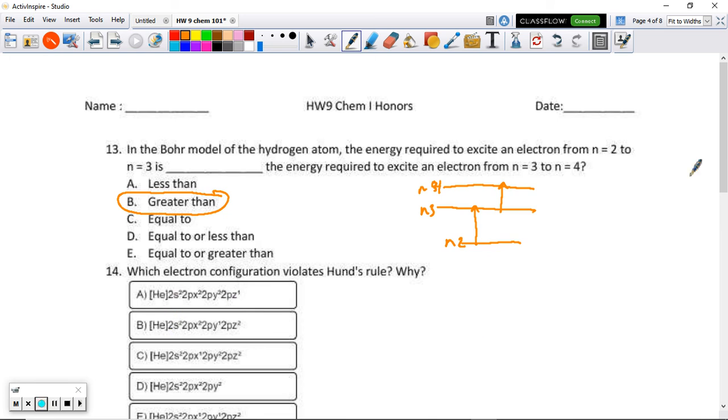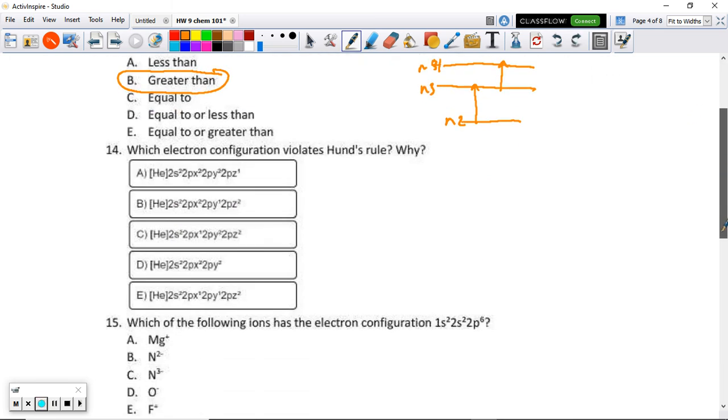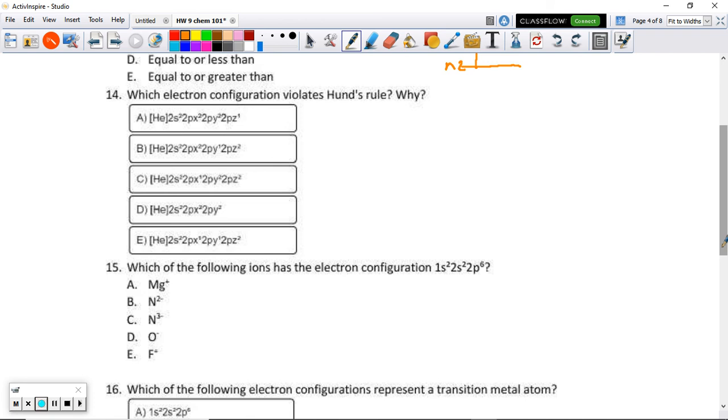All right. When the electron configuration violates the Hund's rule. All right, so remember that Aufbau is you fill from low energy to high energy. So you fill N1 before you fill N2.